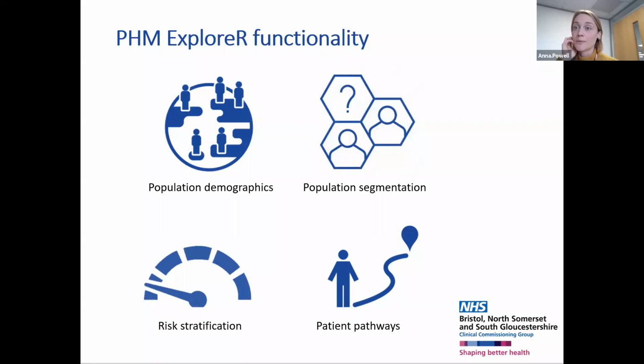So that's carving up our entire population into specific segments with defining characteristics. We've also tried to embed some functionality that enables risk stratification, and Andras will talk about that some more.